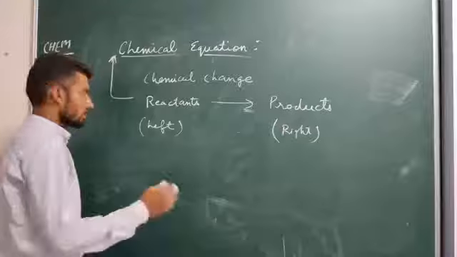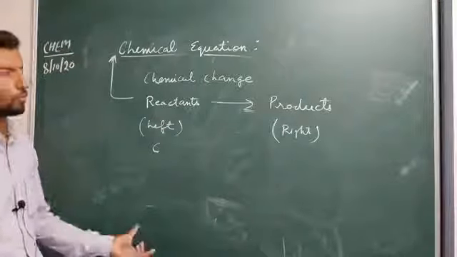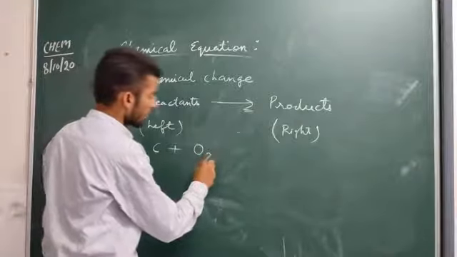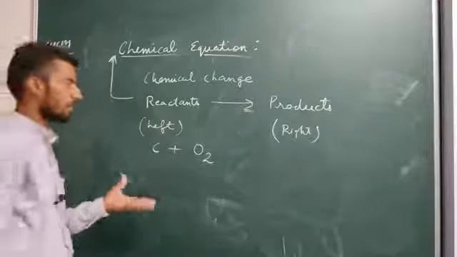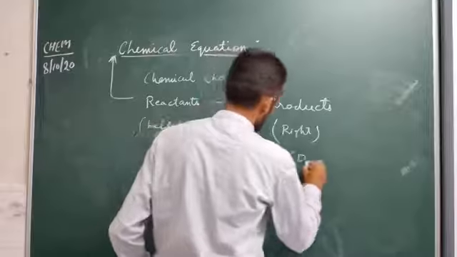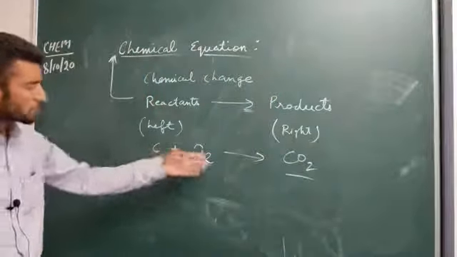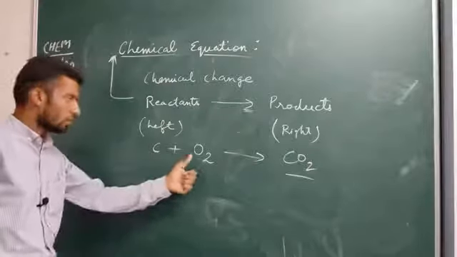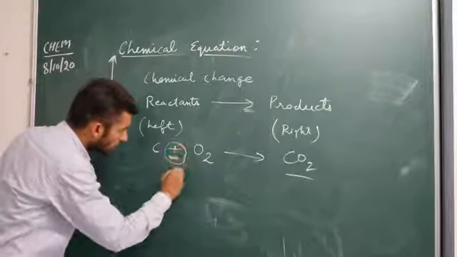Now consider a reaction like when we burn wood or coal. So burning takes place in the presence of oxygen. Without oxygen, no combustion or burning can take place, and when it burns, there is formation of carbon dioxide. So in this part, C plus O2, here C is the reactant, O2 is the reactant, and plus represents combination.